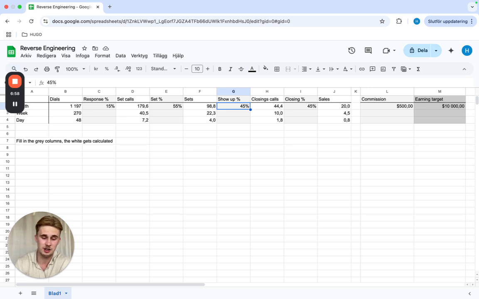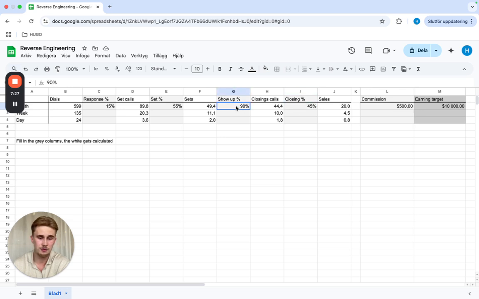And this is actually a statistic that I had myself. When I was making my 20k months, I had a show rate of 90% and I only had a closing rate of 40%. All right, but it's so much easier to actually improve your show rate to 90% rather than improving your closing rate to 90%. But like I said in the beginning, most people just focus on improving the closing rate, but that's not usually the lowest hanging fruit. Maybe they have a bad show rate, so they need to increase that.